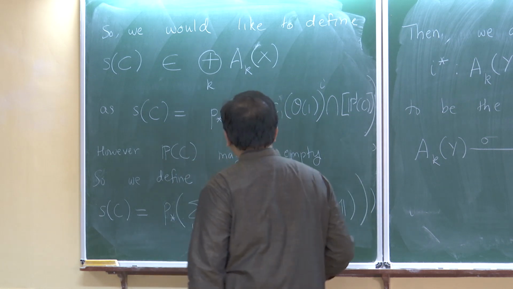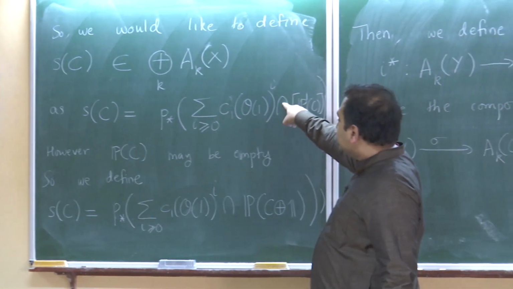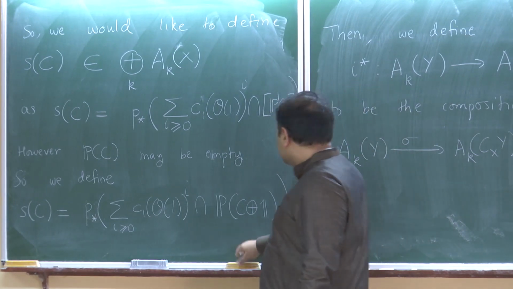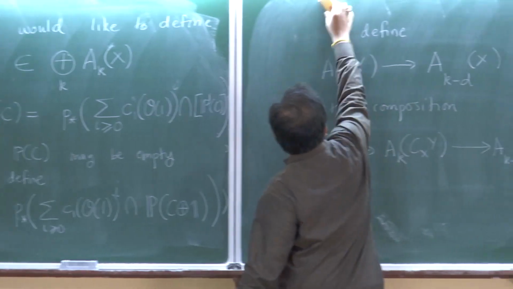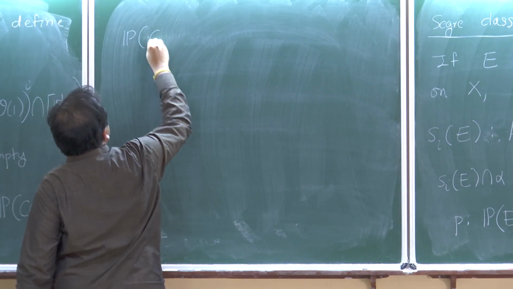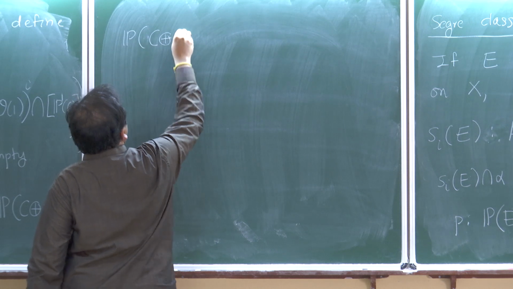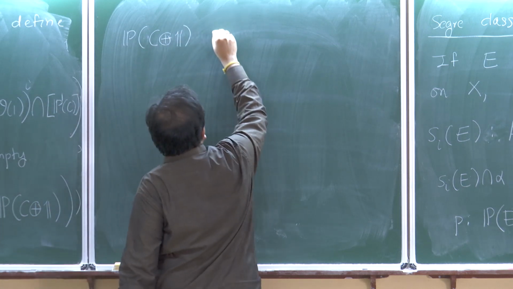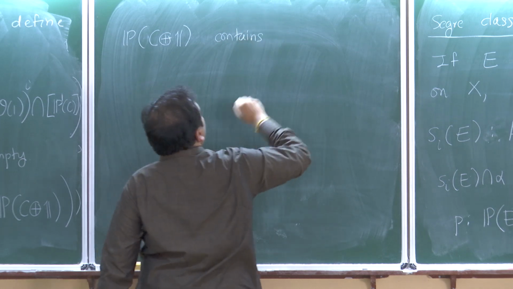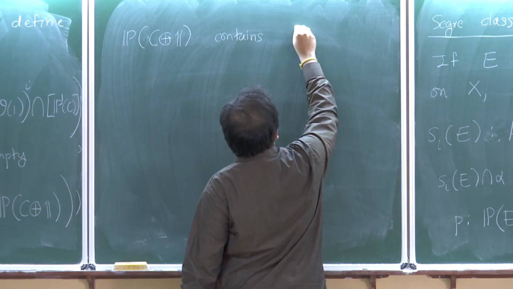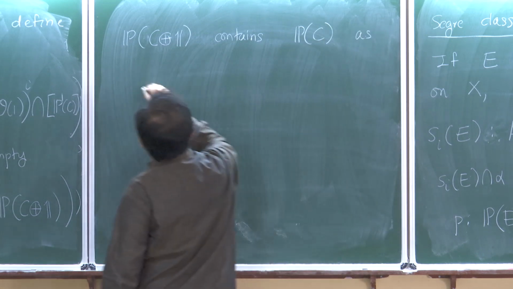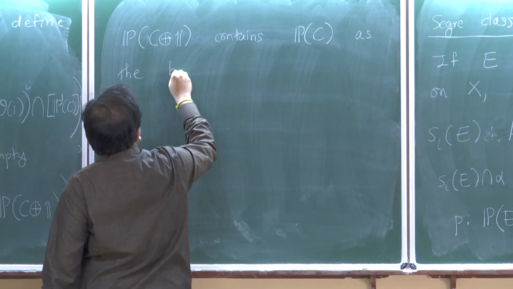This is essentially the same as before if P(C) is not empty. Let us see why. P(C plus 1) contains P(C) as the hyperplane at infinity.